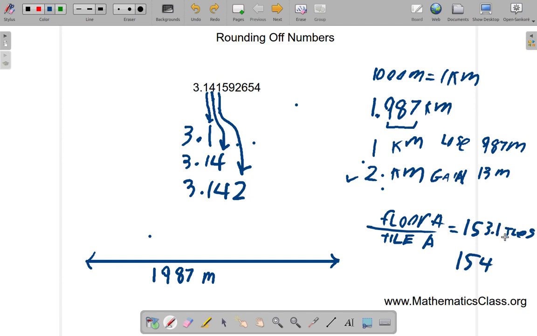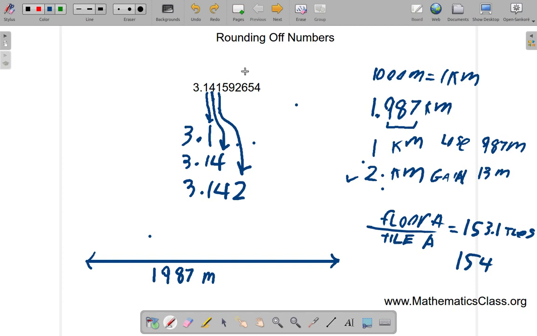So in certain situations like that, you would put that number upwards to 154, whether it was 153.9 or 153.1 or 153.2. You would put the number upwards to the next higher one.